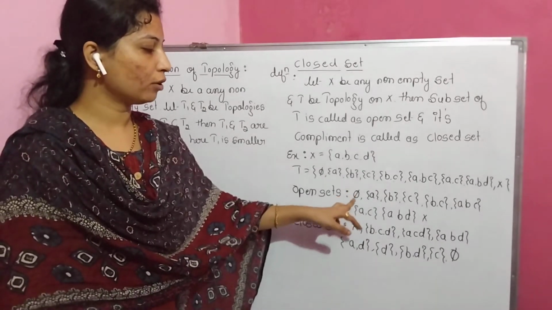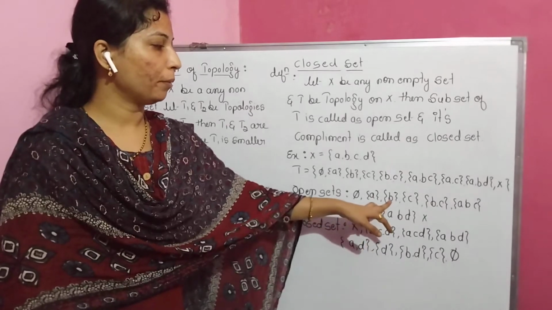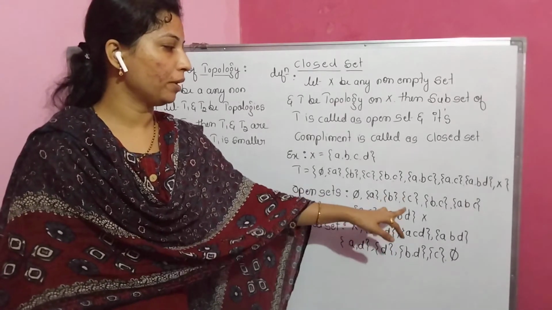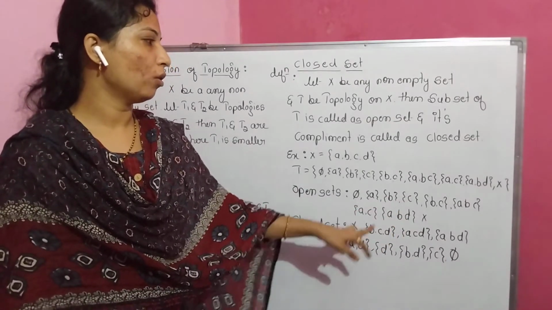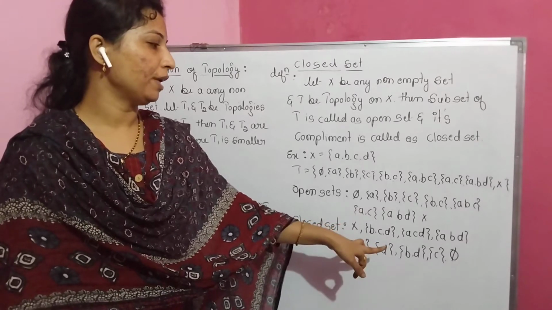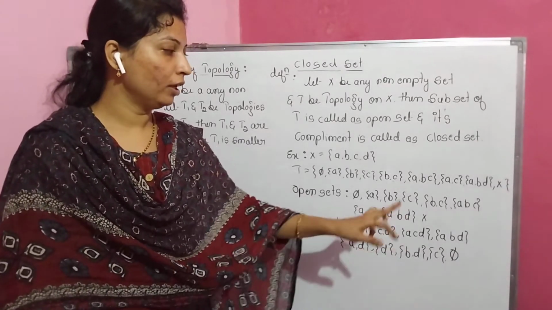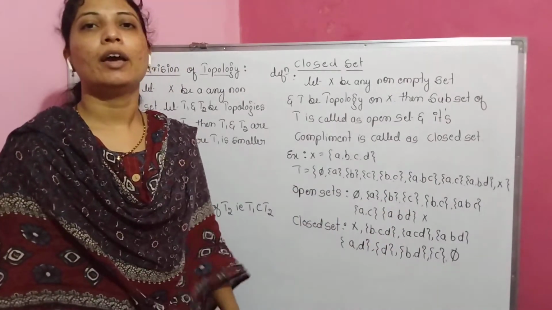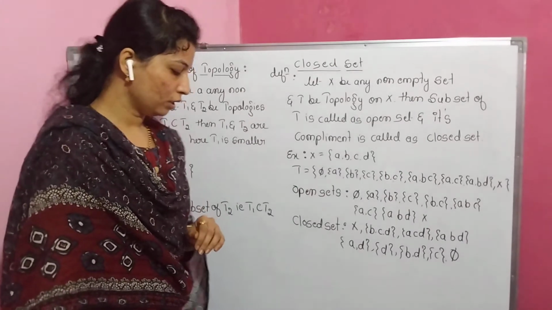Here, complement of empty set is X, complement of A is BCD, complement of B is ACD, complement of C is ABD, complement of BC is AD, complement of ABC is D, complement of AC is BD, complement of ABD is C, and complement of X is empty set. This is the definition for closed set.